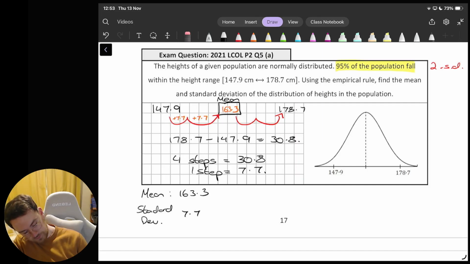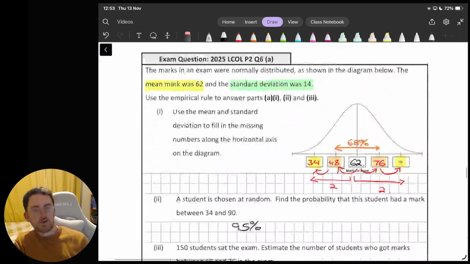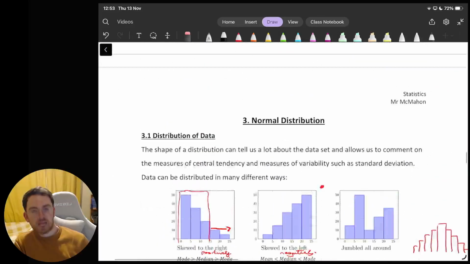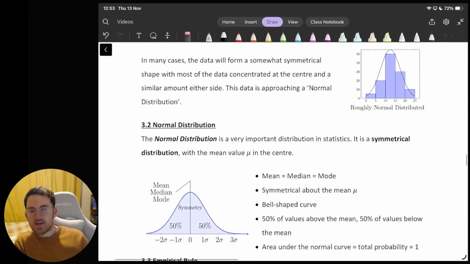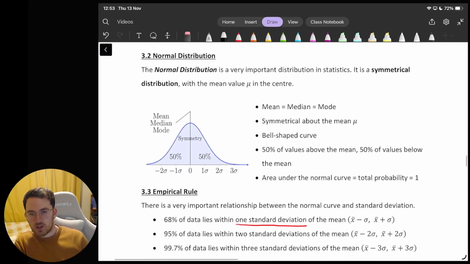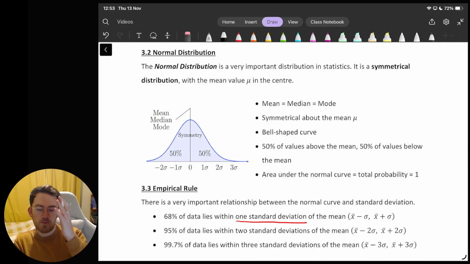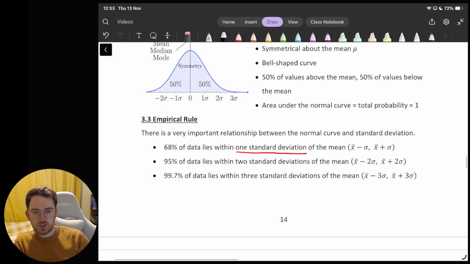So what we need to remember from this, well, first of all, a little bit about the shape of the distribution, the skew of the data, being able to make a description or to make a comment on that. Then more specifically looking into the normal curve, remembering that in a normal distribution, my mean is in the center, half of my data is on either side of the mean, and that I have a specific rule, the empirical rule, which tells me which proportion or percentage of data can be found 1 standard deviation, 2 standard deviations, 3 standard deviations from the mean.